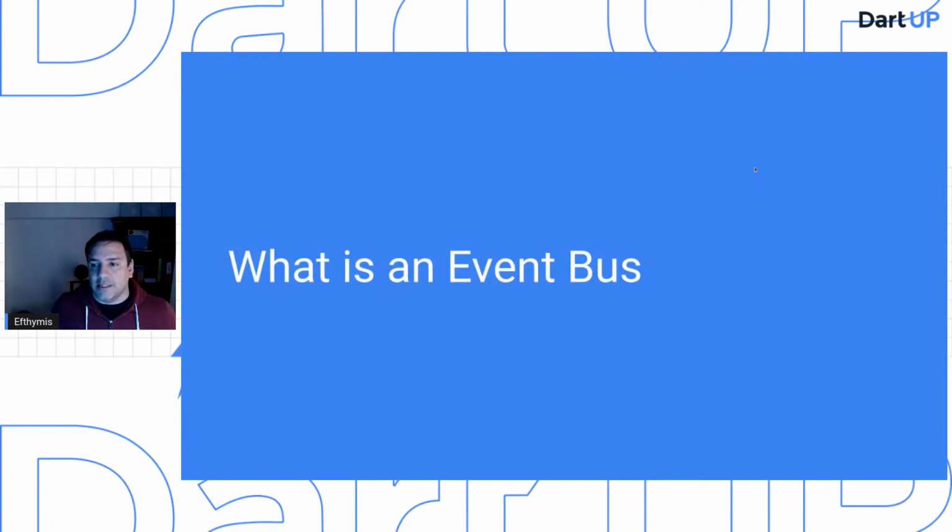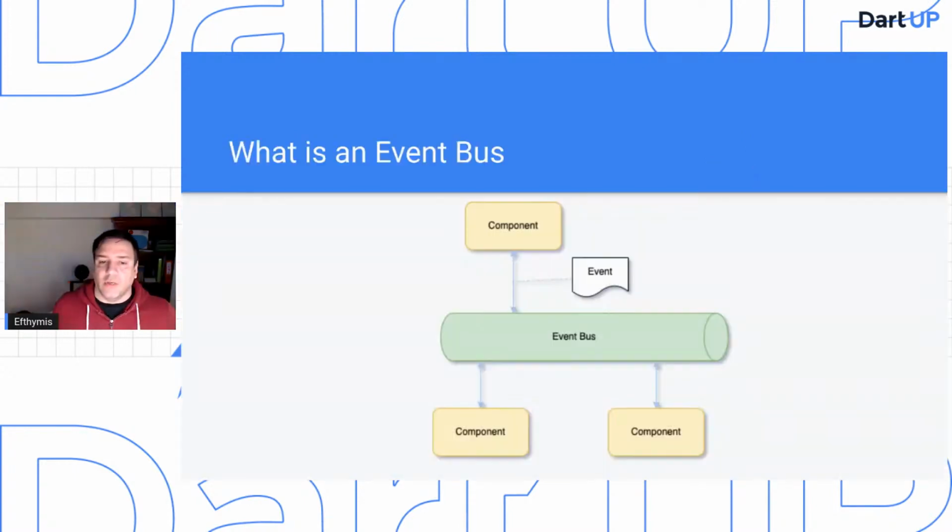So what is an event bus? An event bus is an architectural pattern, and it derived from the early days of service-oriented architecture, or SOA, which was the thing about a decade ago. The event bus is actually a glorified pub sub queue, or pub sub kind of bridge.